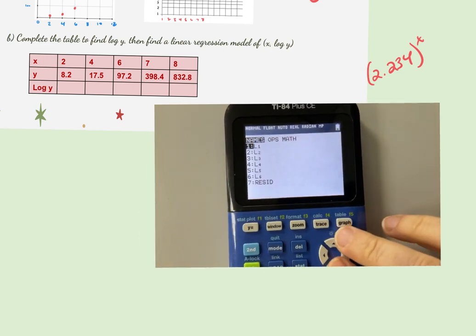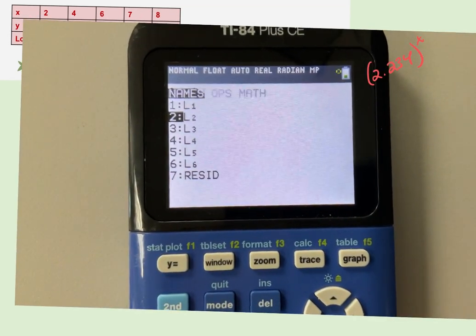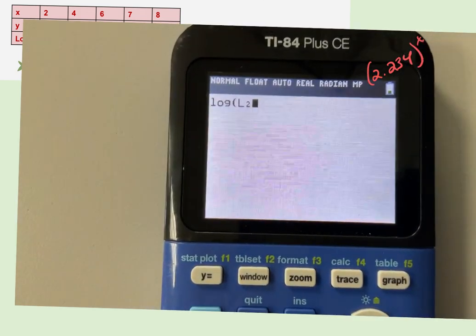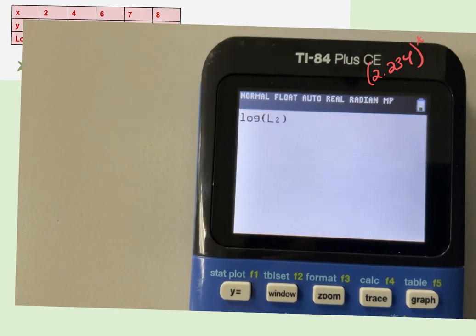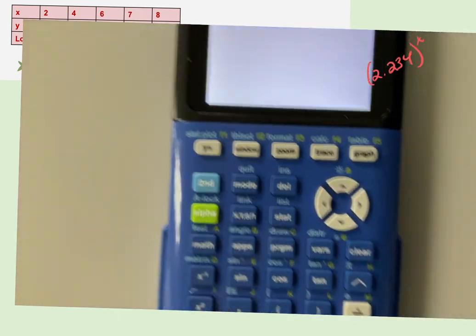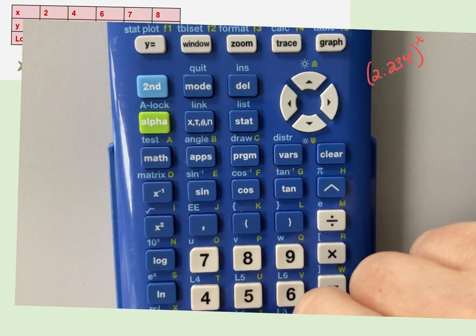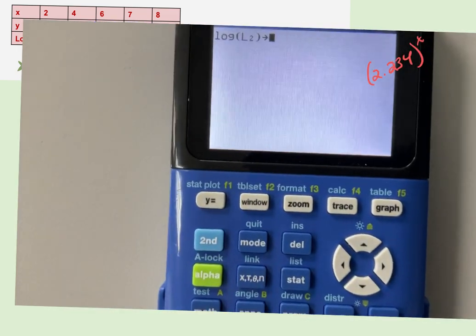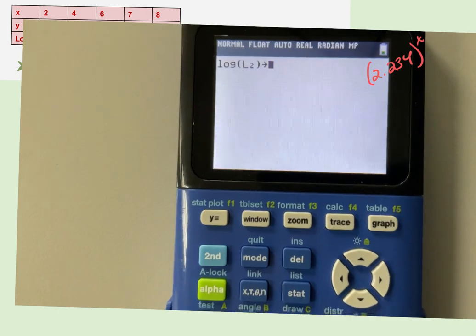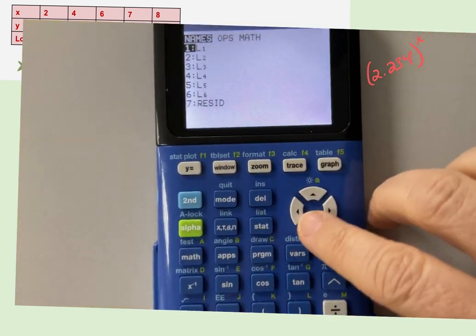So a shorter way to do that is we're going to go to our home screen. We're on our home screen, okay? We're going to log list 2. So, right, list 1 was our x values, list 2 was our y values. So we literally hit log. And then we can bring up our list on the list menu, which is above stat.